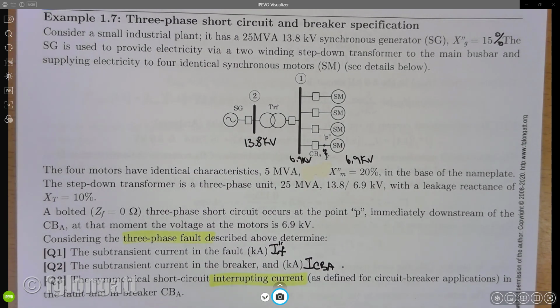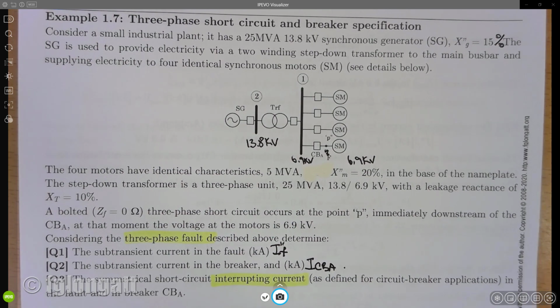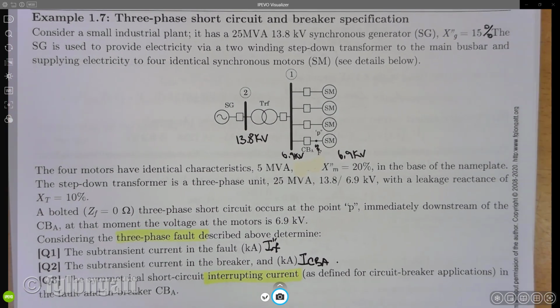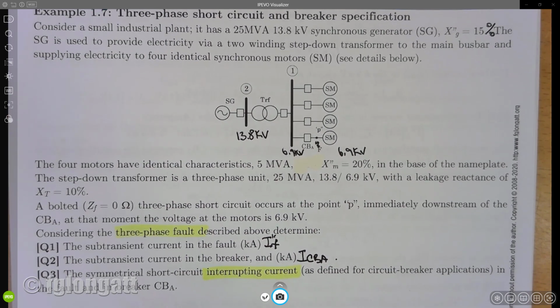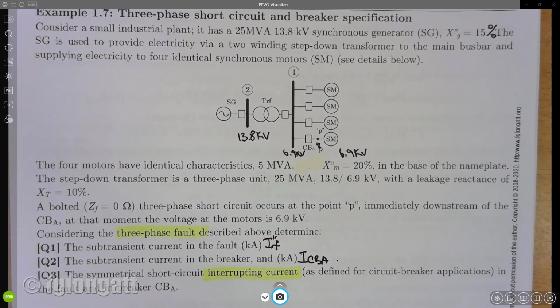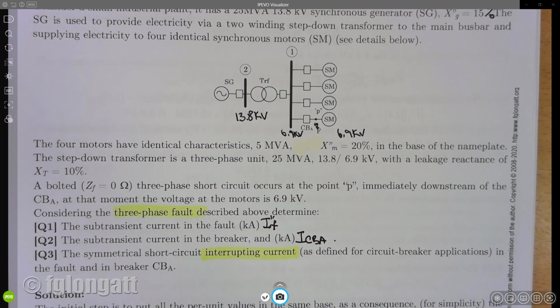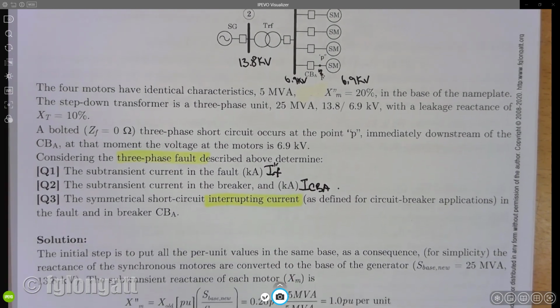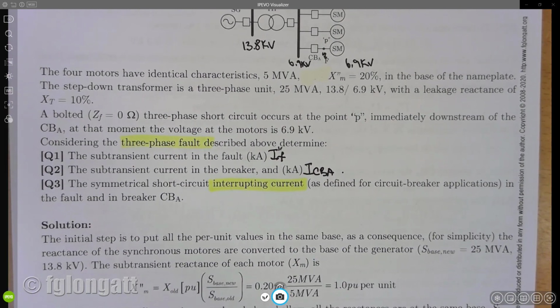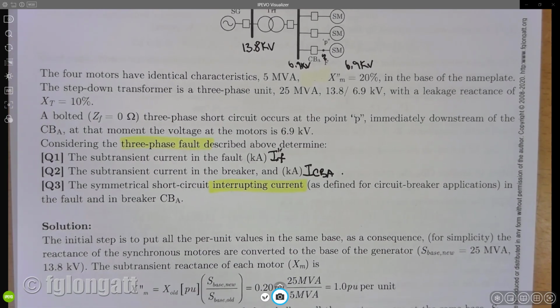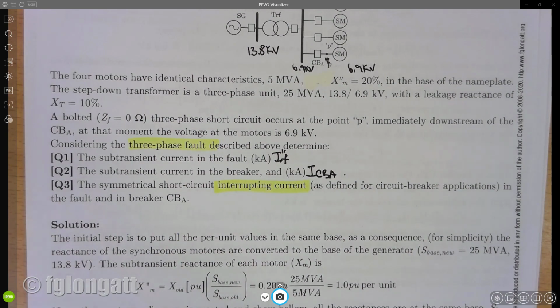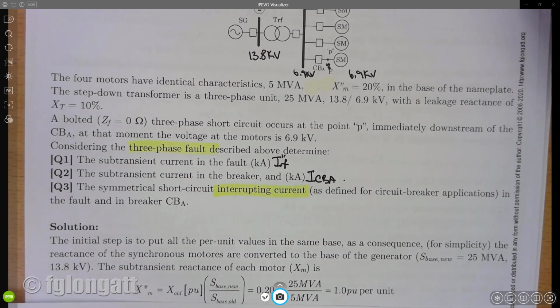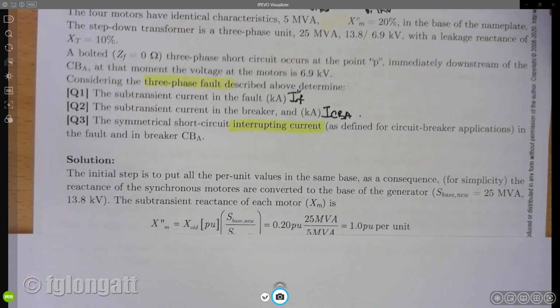The first step is that, as you must recognize, the motors have the per unit subtransient reactance defined in the nameplate. As a consequence, the first step must be referring the per unit values to the same base. Okay.